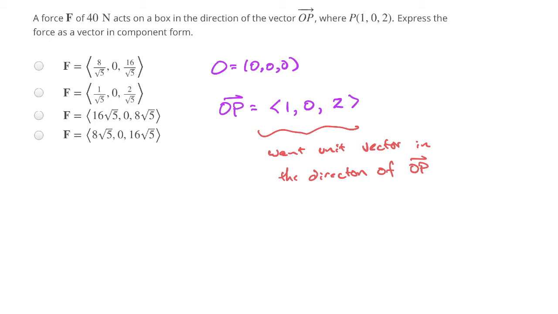And in order to do that, we need to know what is the magnitude of OP.